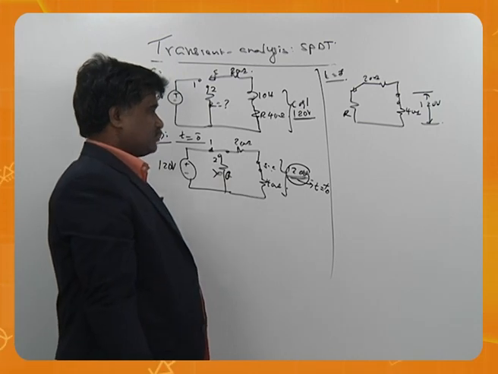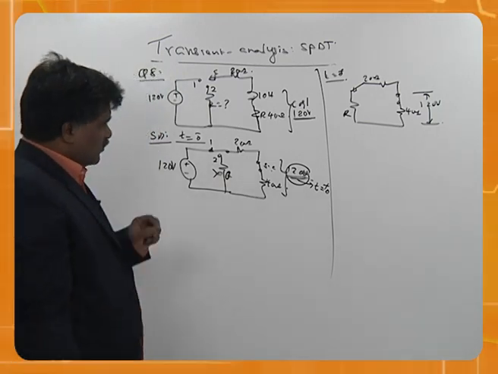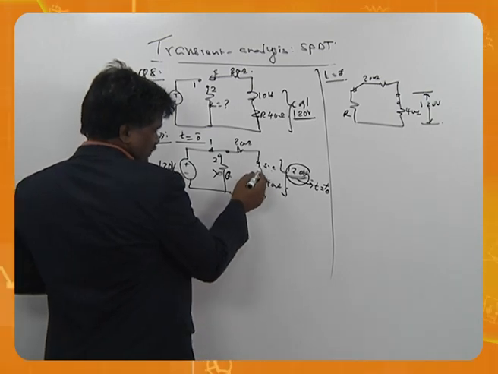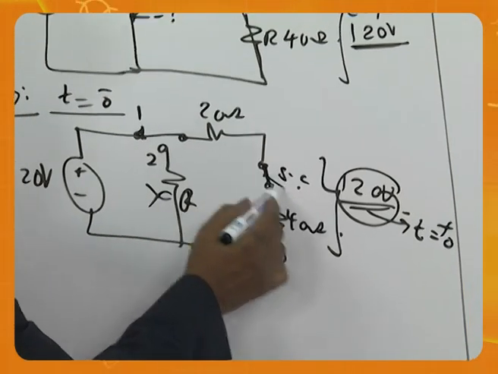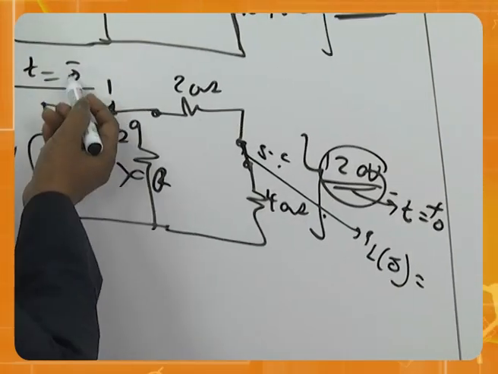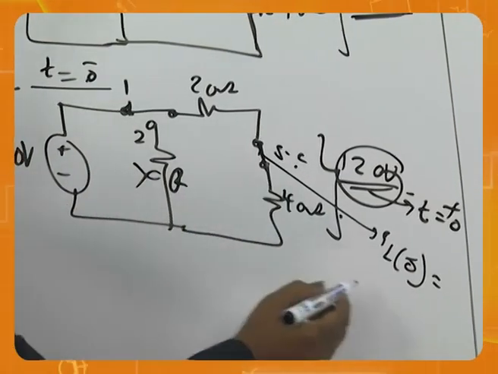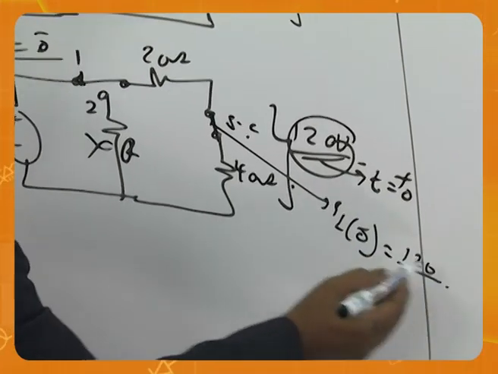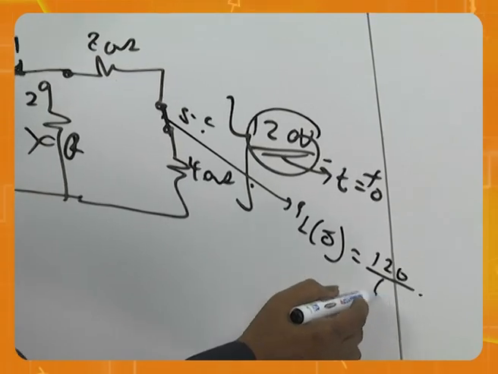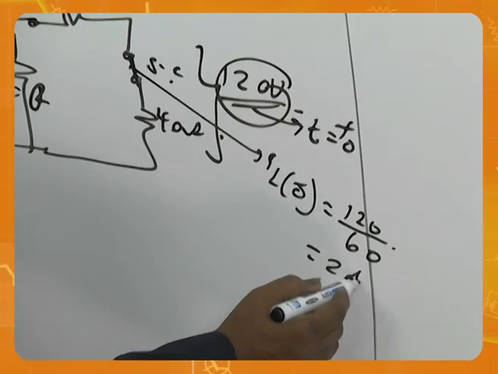So all that I want to know from here is how much is the current? Because it's acting as a short circuit, how much is the current at T0 minus? 120 by 40 plus 20, 60. That means 2 amperes current.